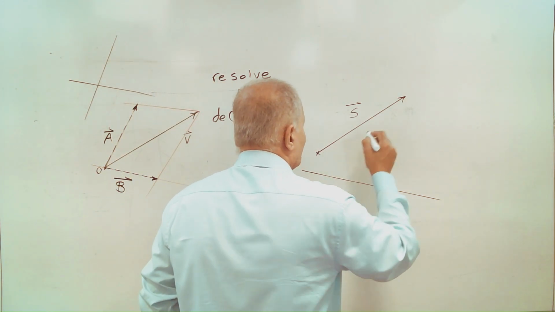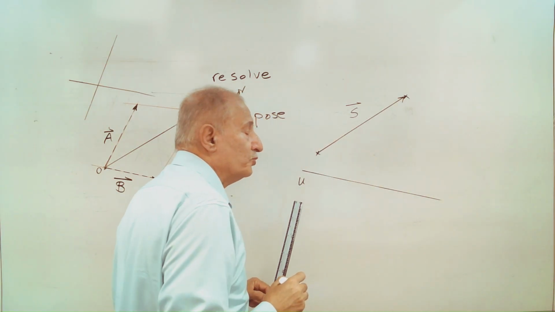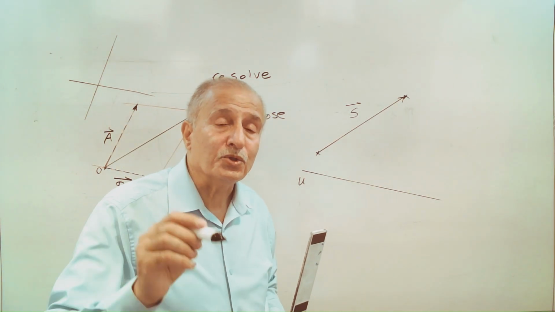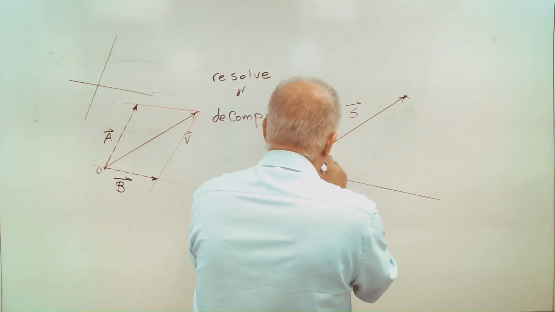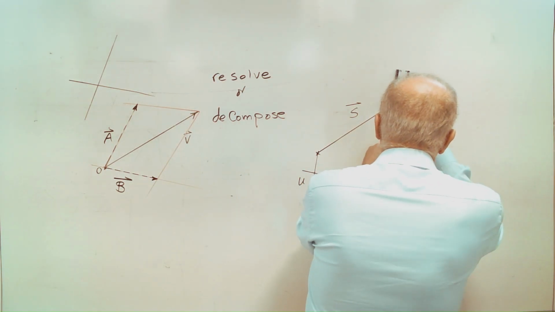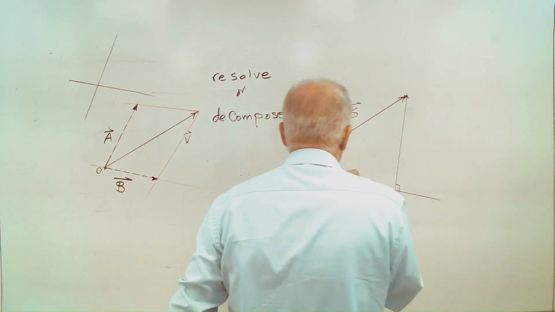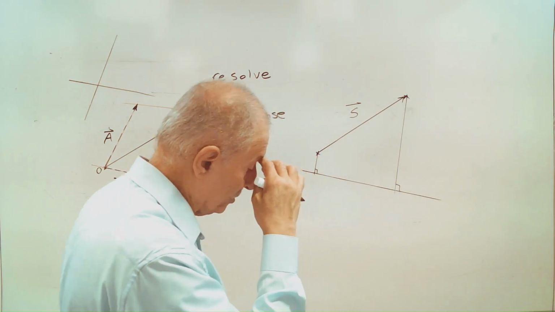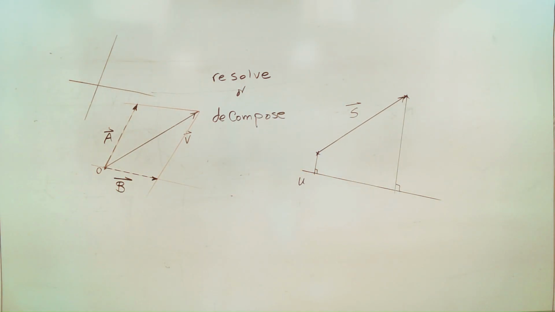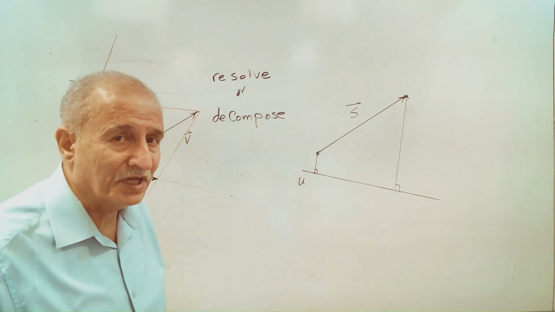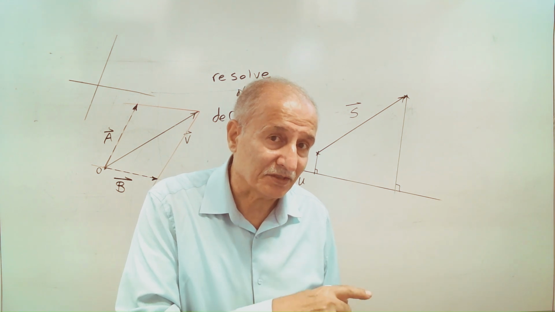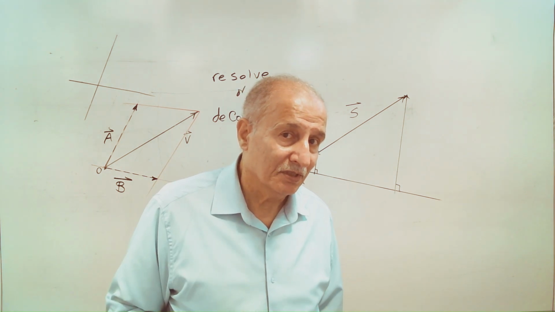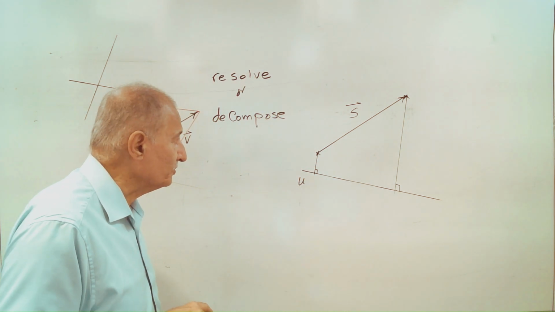From the tail of the vector and the head of the vector, I draw two lines orthogonal, perpendicular to this direction U. These are called projection lines. This is orthogonal projection. We can project in any directions, not only 90 degrees, but in statics, we use 90 degrees only.